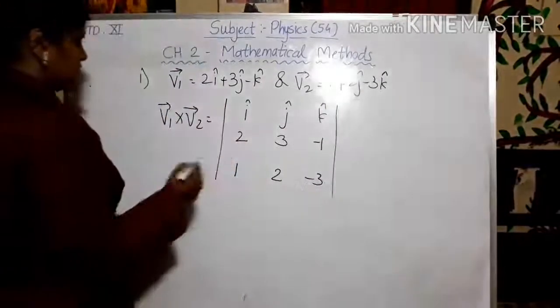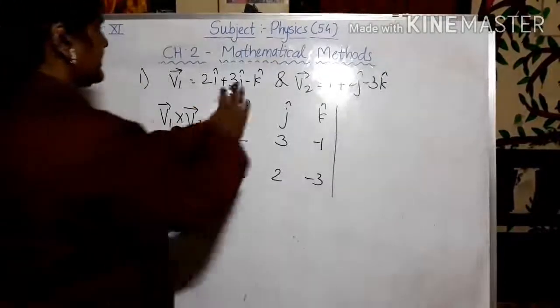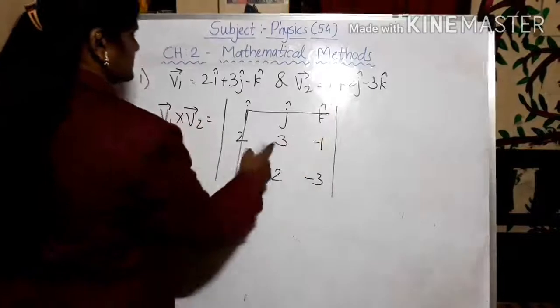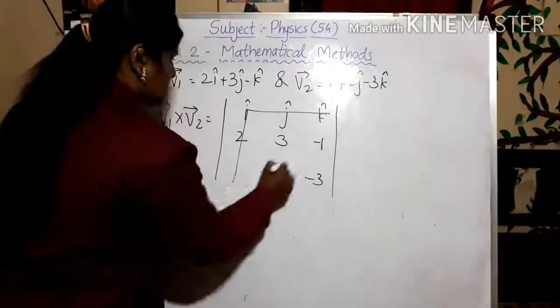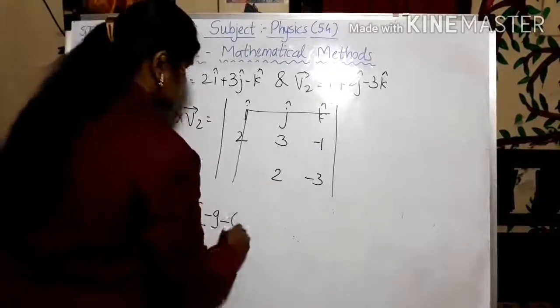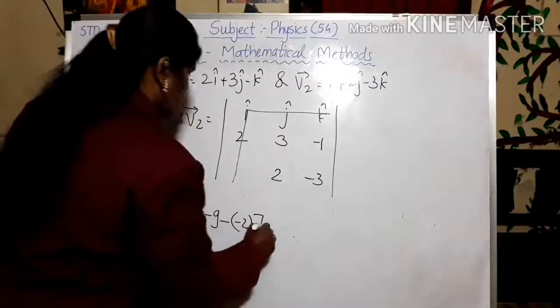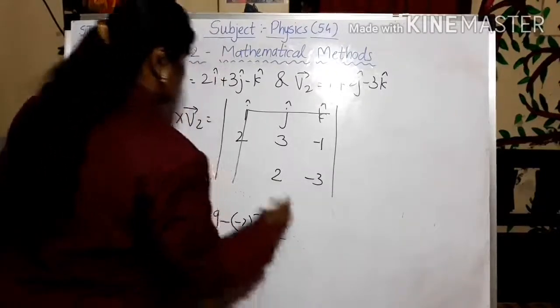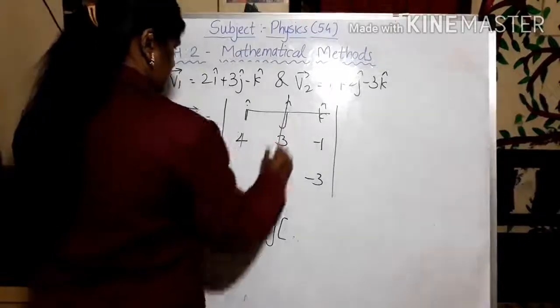Now we can solve. This is i into bracket. We are going to ignore this. 3 into -3, -9, minus 1 into 2, -2, minus j into bracket. Ignore this.